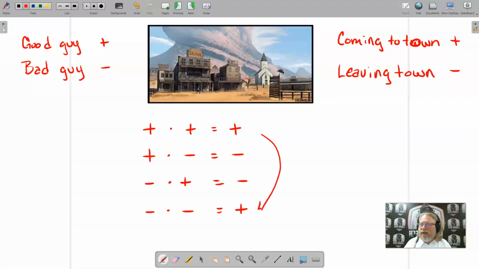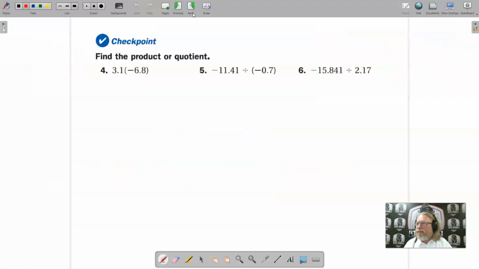Here we have this one and this one. Same sign, then that's going to be a positive. Unlike this situation here, where we have different signs. I'll just do DIFF for different. If we have different signs, then it produces a negative result. That's for multiplication and division.